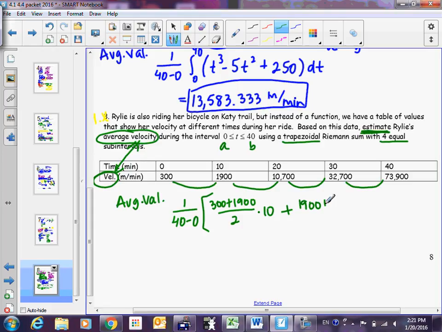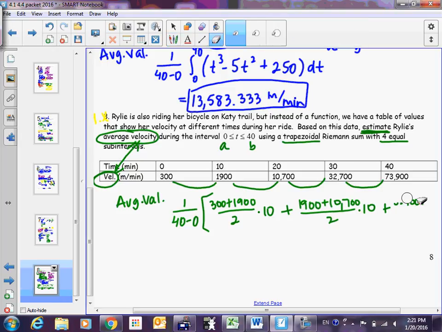So 1900 plus 10. And so you really should not need to be looking up here to figure out how to do this. You should be able to do this without. I'm going to skip to the next line.